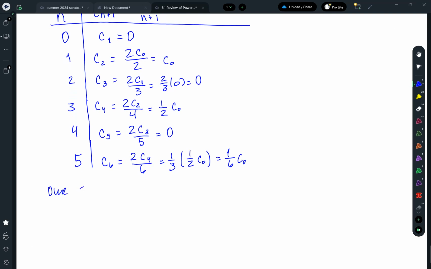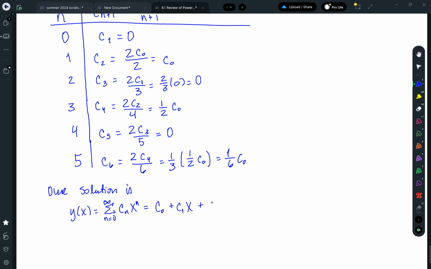Our solution is y of x equals the sum, n equals 0 to infinity, of c sub n x to the n. That's how we started this whole game. We said let y of x equal this. Let's write this out. When n is 0, I get c0. When n is 1, I get c1x.